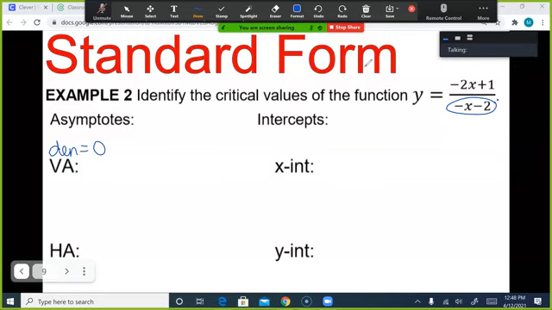Yes, there's some solving involved with this, but since it's not difficult solving, I'm not going to make you show work for it. I trust that a lot of these you can subtract and divide in your head. So here, we're going to add the 2 and get negative 1x equals 2. And then divide by negative 1.